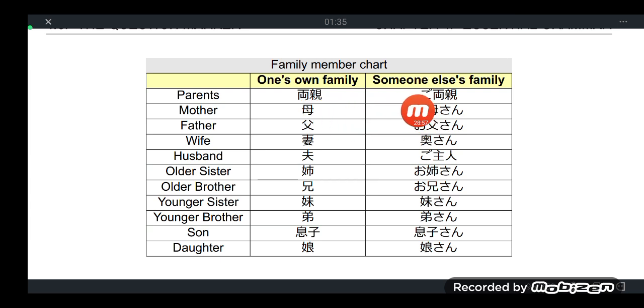You may have observed that I am now using o and go prefixes because that's the essence of bikago. Bikago is beautification of words to make it formal. Instead of ryoshin, you make it goryoshin, okasan, otosan.